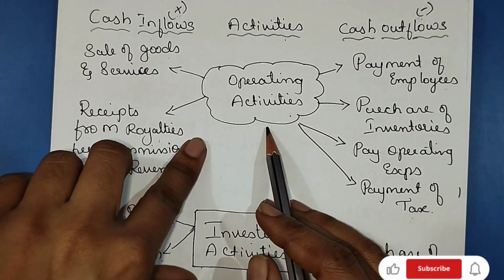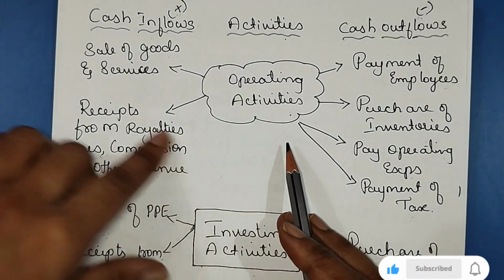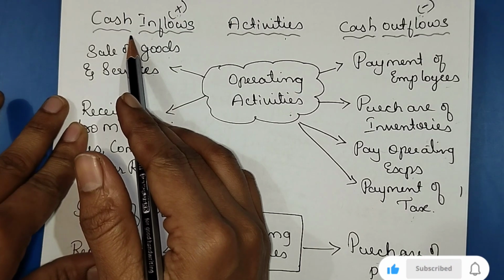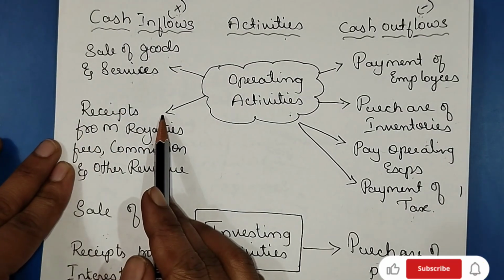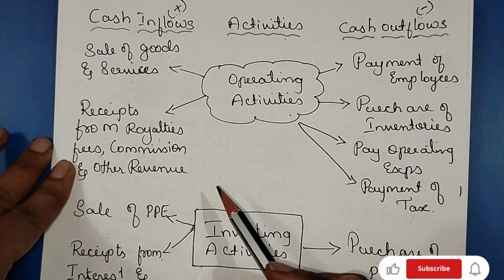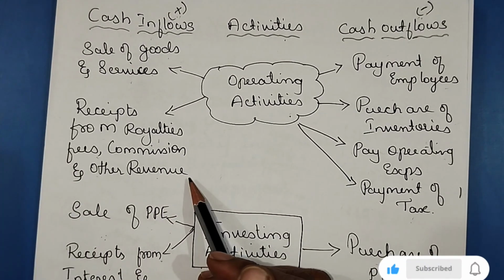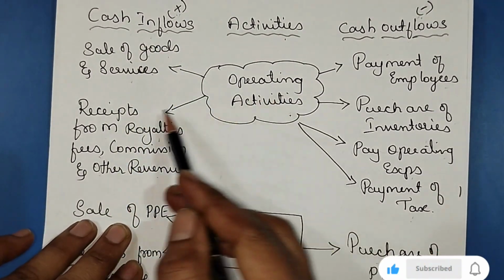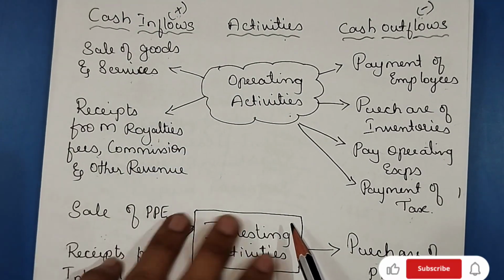All those you record under the operating activity. Sale of goods and services, you are getting cash receipts. Any receipts, any fees received, royalty received, commission received, any other revenues received, all those come under operating activity cash inflow.